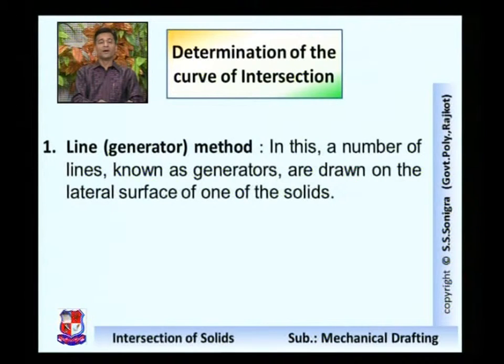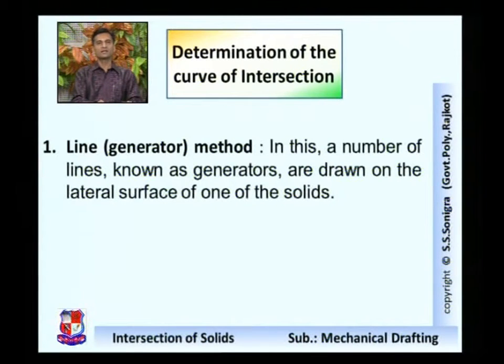In this, a number of lines known as generators are drawn on the lateral surface of one of the solids. For example, if one solid is a cylinder, then the cylinder does not have any edges, so we draw imaginary lines over the periphery of the cylinder.